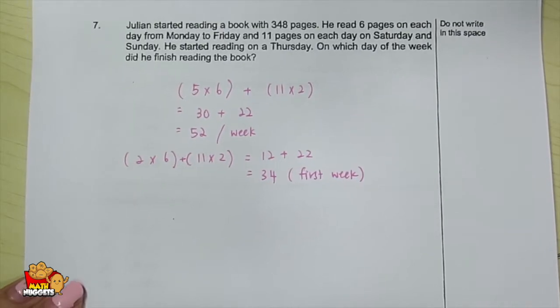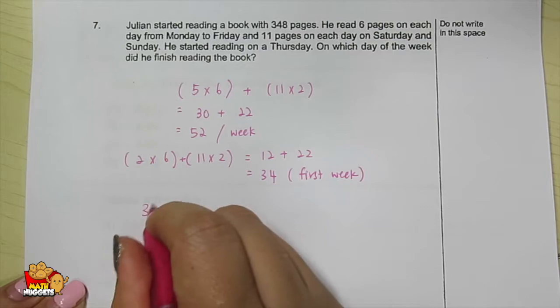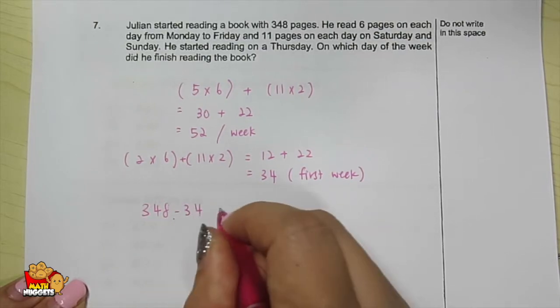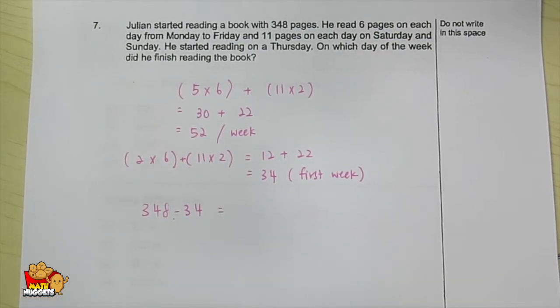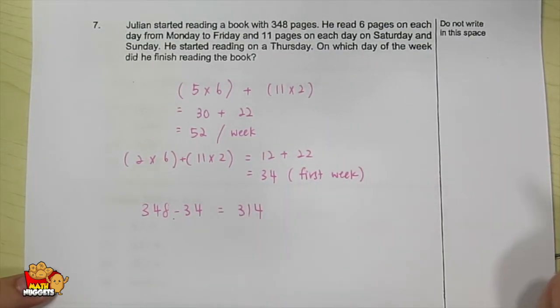If the total pages will be 348, let me take away the first week first. First week he had already done 34 pages. $314. So after the first week he was left with 314 pages.